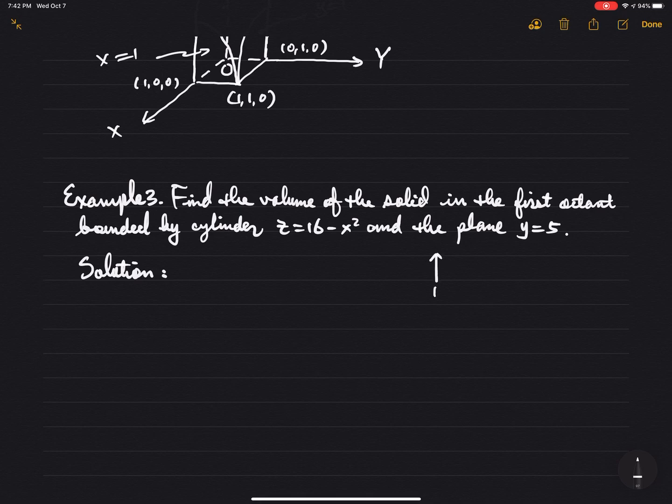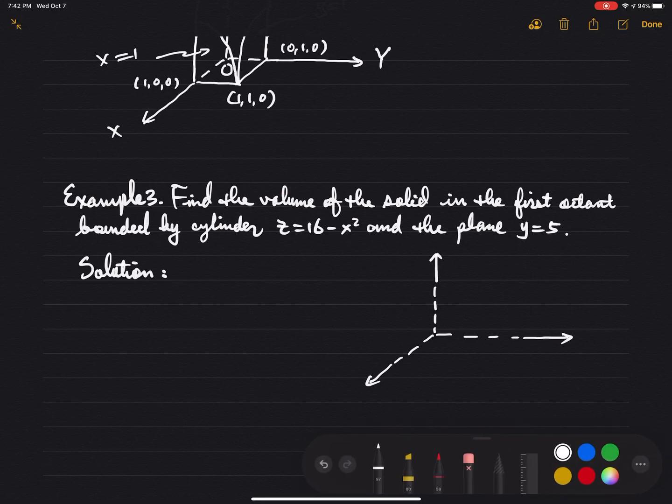I'm going to draw some dashed lines first, and later, if we don't need them, we are going to fill them out. I'll put the z a little bit higher. So this is z.